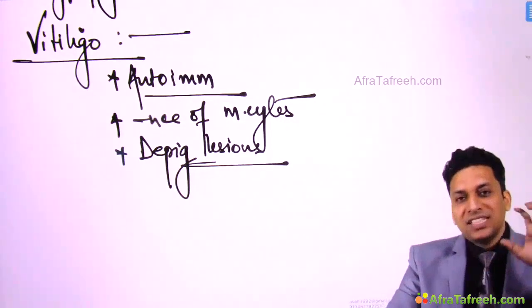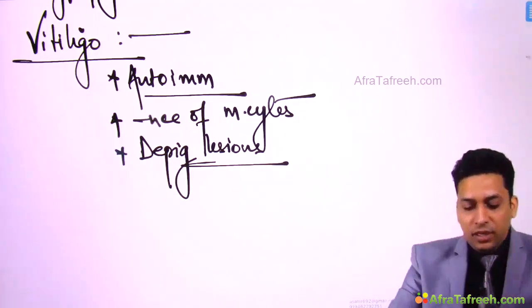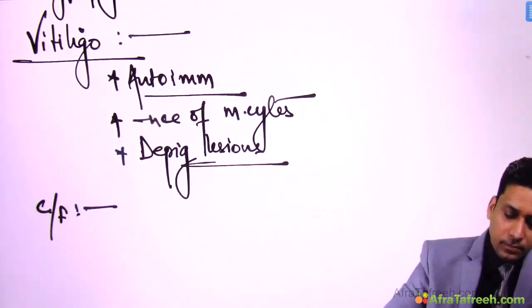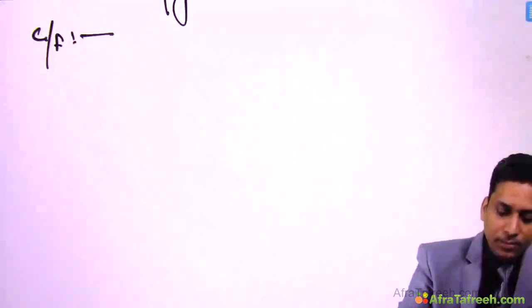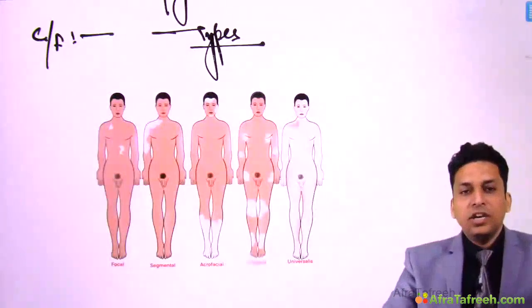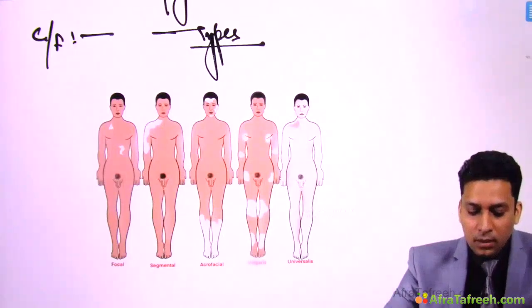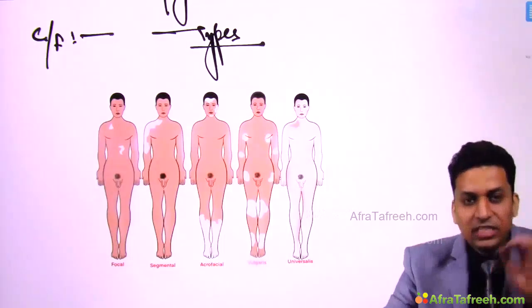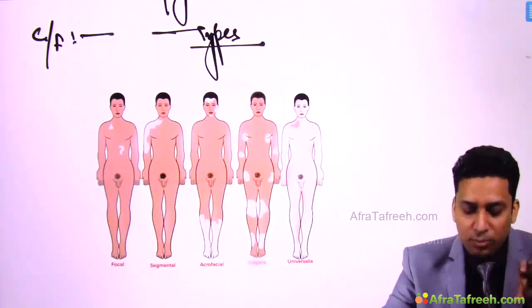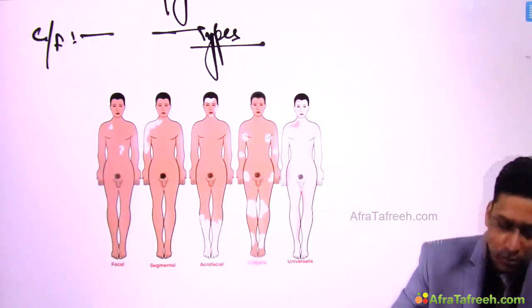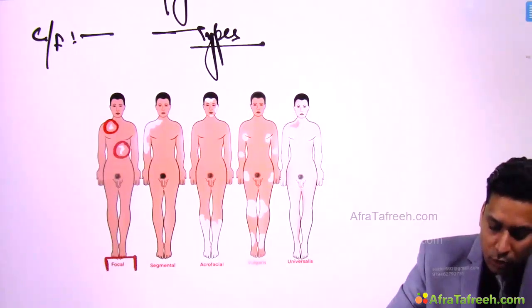Now, depending on the site involved, there can be different types of vitiligo. So in clinical features, you can write down types. Here you can see this image. There are different types of vitiligo. If this depigmented lesion is localized to one small area, like it is localized to only this area, then we call it focal.